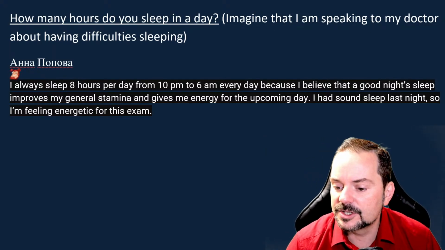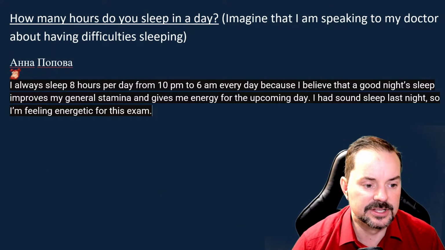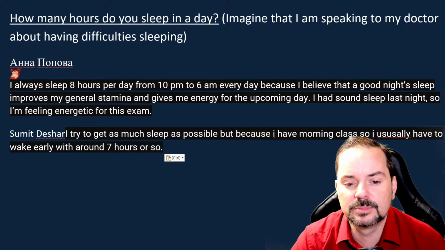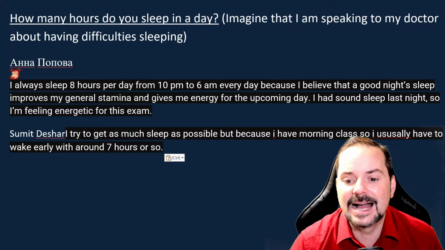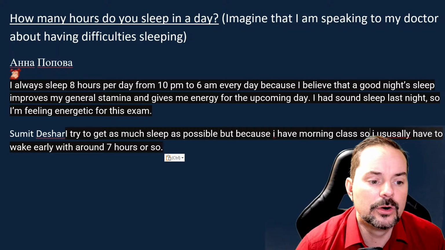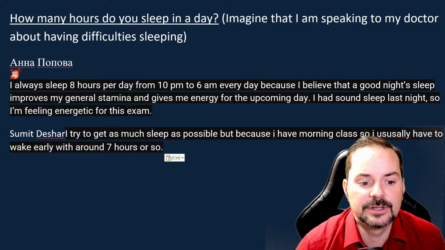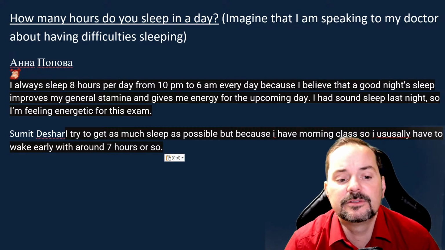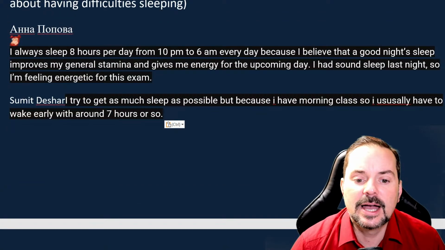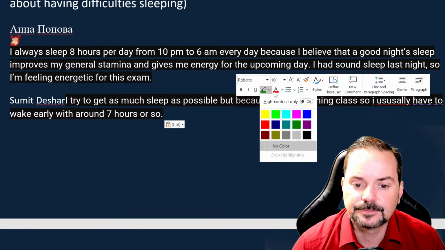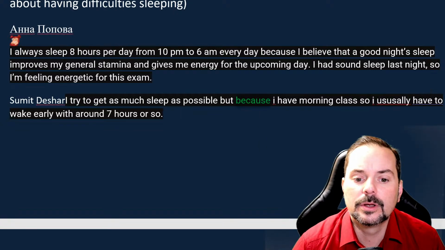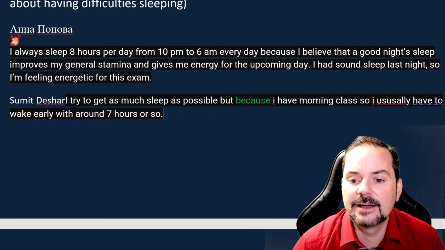All right, Sumit, another nice natural answer. So Sumit says, I try to get as much sleep as possible, but because I have morning class, I usually have to wake early, around 7 hours or so. Couple of mistakes here, Sumit, that would lower your score. You have because here, you should not have so here.